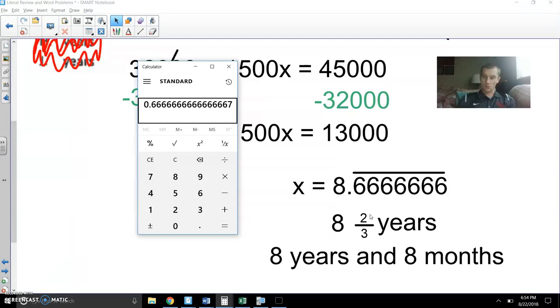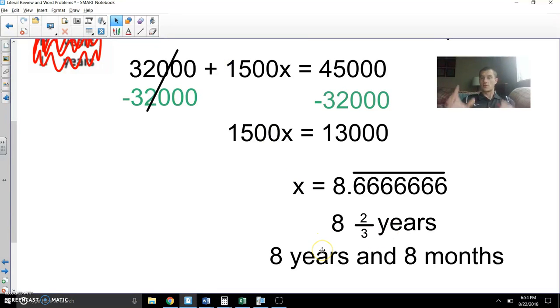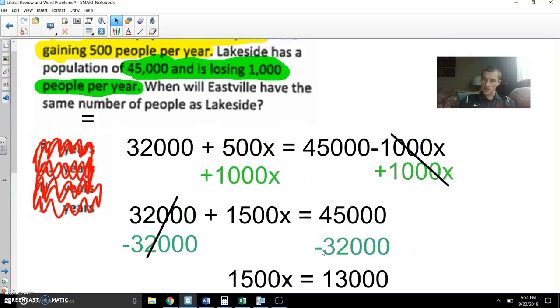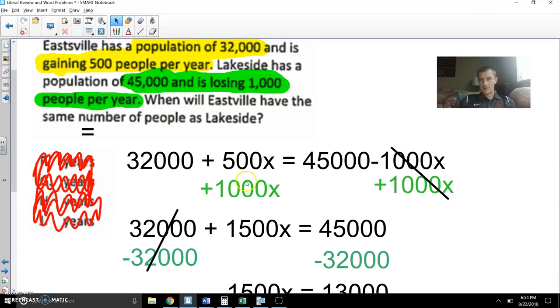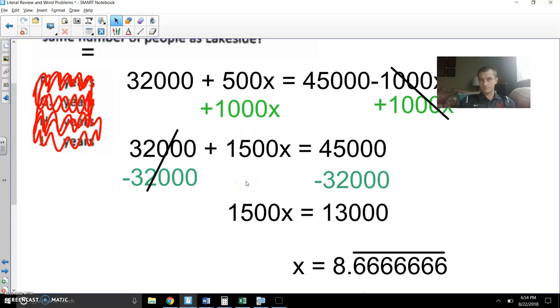So having that decimal and multiplying it by 12, we're going to get the 8 that represents the months. 2/3 of a year is really 8 months. So if you really want to answer the question accurately, saying 8 years and 2/3 of a year is true, but 8 years and 8 months is really exact. So after 8 years and 8 months, these two towns will have the exact same population.